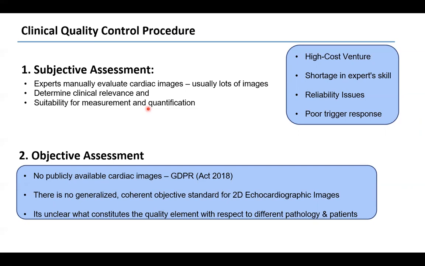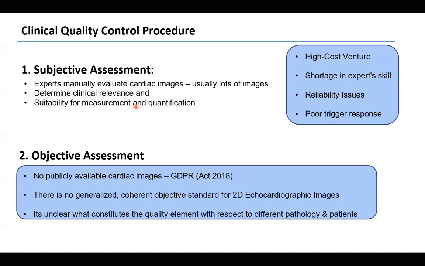The first one is that there is no availability of cardiac images in the public domain, because cardiac images are highly personalized and are protected by the General Data Protection Act 2018. So an ethical approval is required in order to conduct a study.